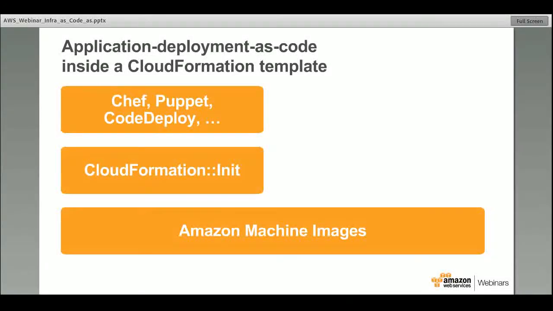Or if you want to use our newly released service, AWS CodeDeploy, you can use the same method. You can provision infrastructure using CloudFormation, and then deploy the CodeDeploy client, and then let CodeDeploy handle the application deployment for you.